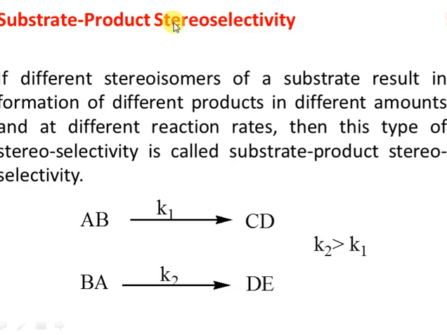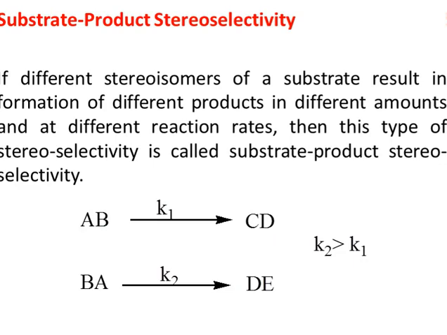So in this lecture we have studied stereoselectivity, and then stereospecificity. The difference between selectivity and specificity is that whenever you have more than one option, and one of the options is preferred, this is called selectivity. But when you don't have any option, then this is a case of specificity.